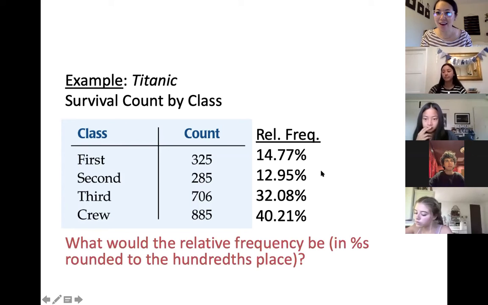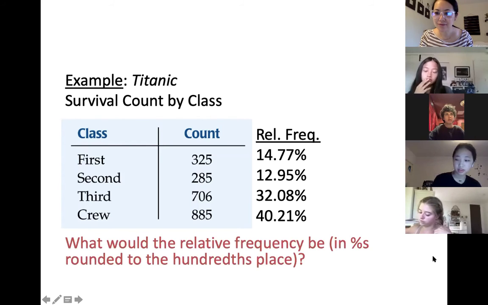I have a question. All my answers are different than yours because I only have like 3 sig figs, but when I add them together, they equal like 100. Can you change your calculator to give you more sig figs? Yeah, of course. But I rounded to like 3. Oh, okay.